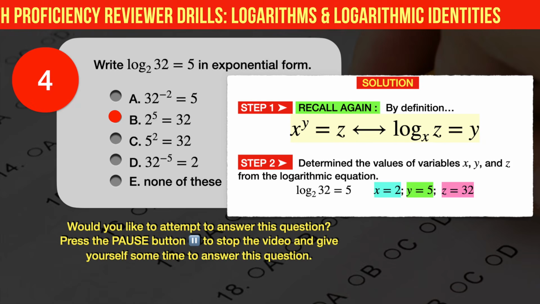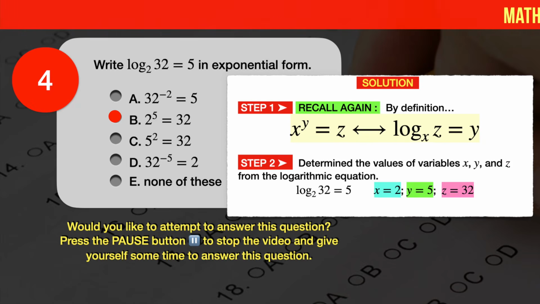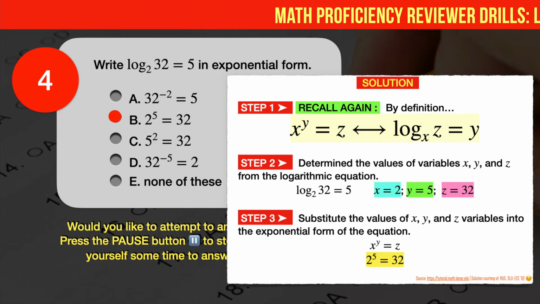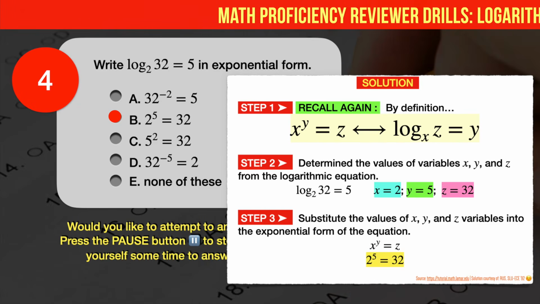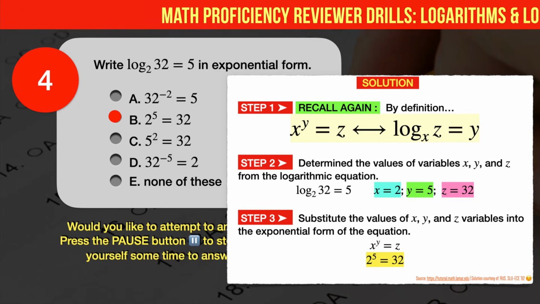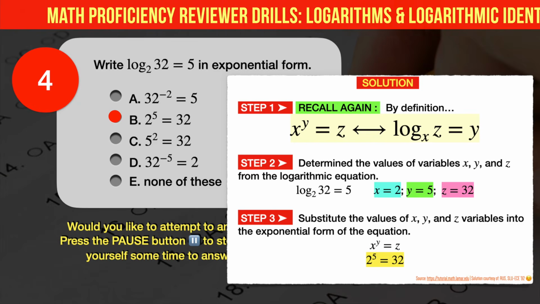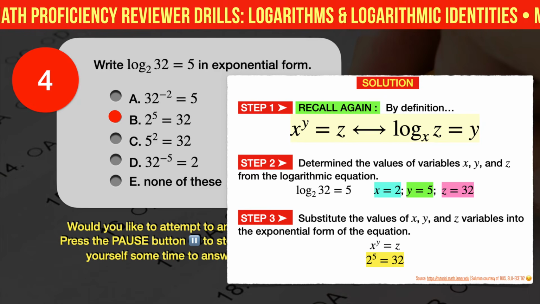We should get x equals 2, y equals 5, and z equals 32. And then we substitute the x, y, and z values into the equivalent exponential form of the equation. Therefore, logarithm base 2 of 32 equals 5 in exponential form is 2 raised to 5 equals 32.